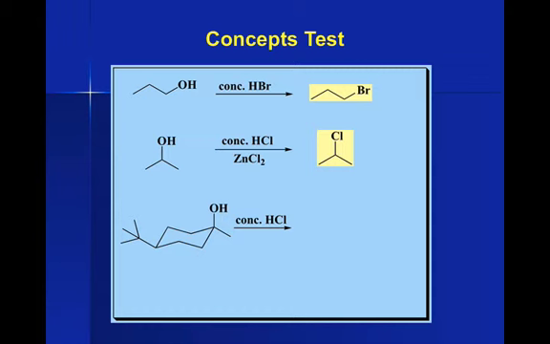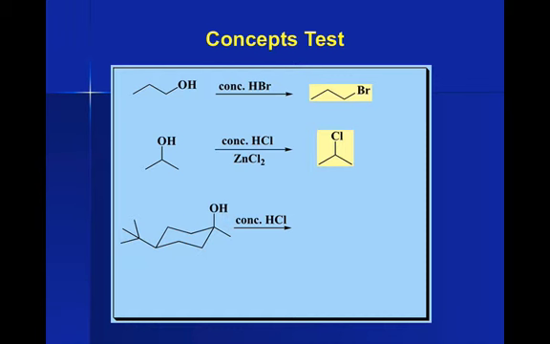I'd change the concentration of the HCl and the zinc chloride, right? And if I see no dependence on the HCl concentration with the reaction rate, then I know it must be an SN1. And if I saw a dependence, SN2. And if I saw something in between, it may be going through both, right? Which is possible here. How about the last one?